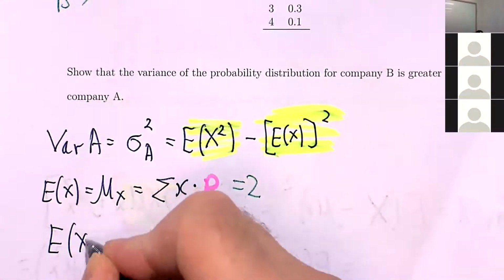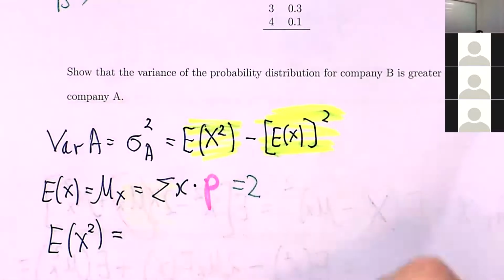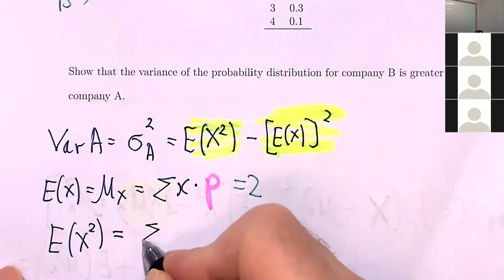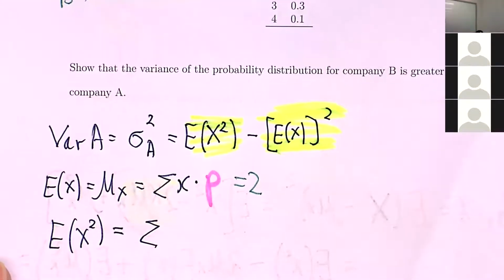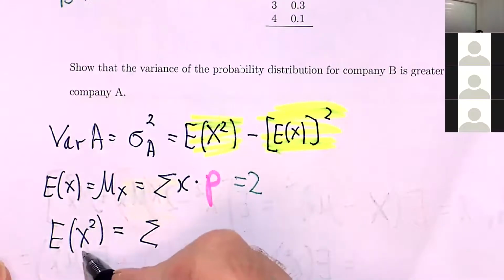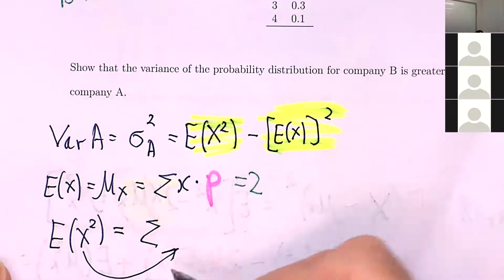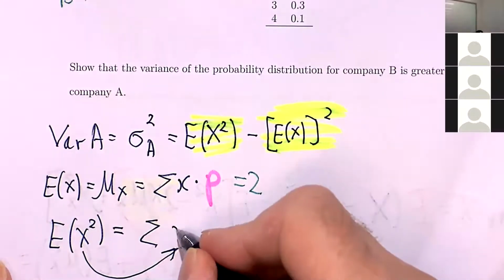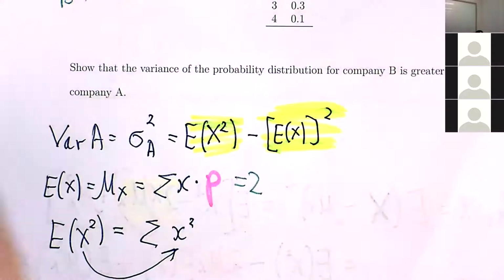Expectation of the x squared equals. Now let's apply LOTUS. Because this is a discrete case, sigma, and then we copy whatever we have in these parentheses with the small letter x squared and multiply by probabilities.